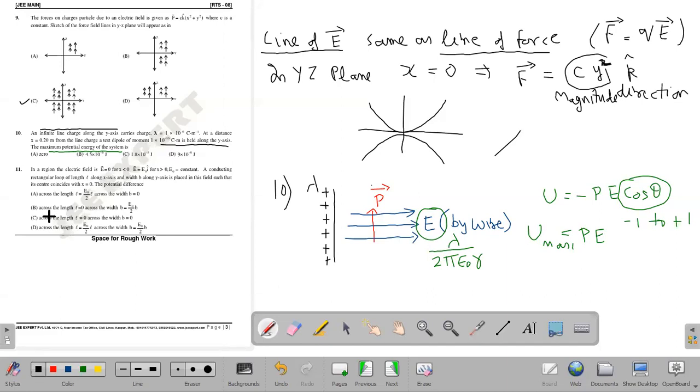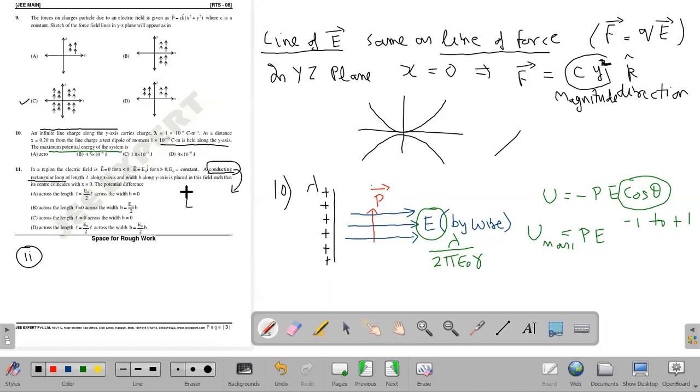Let's calculate the values for the 11th question. Just remember, there is something very critical in this question: a conducting loop. This is a loop, but it is a conducting loop. And according to the property of a conductor in electrostatics, any conductor in electrostatics is always equipotential.